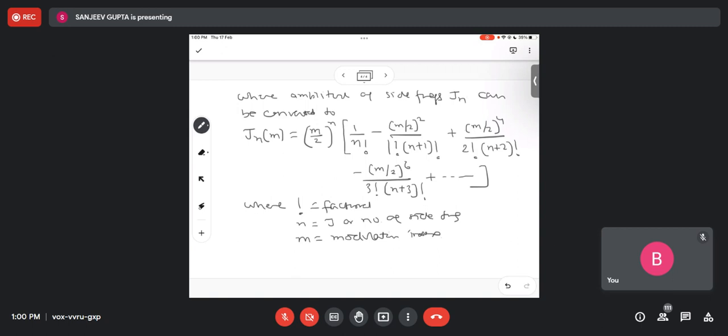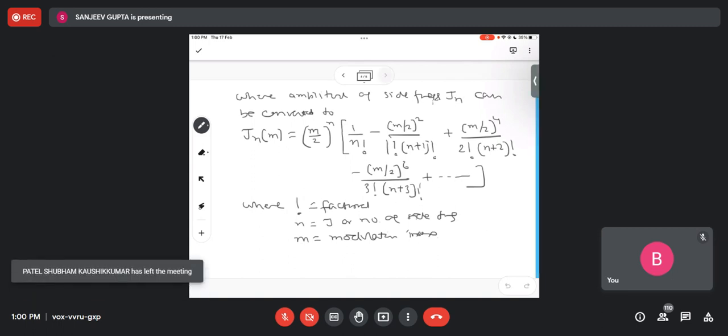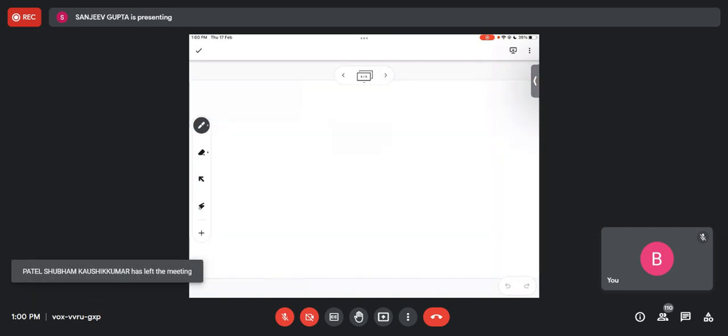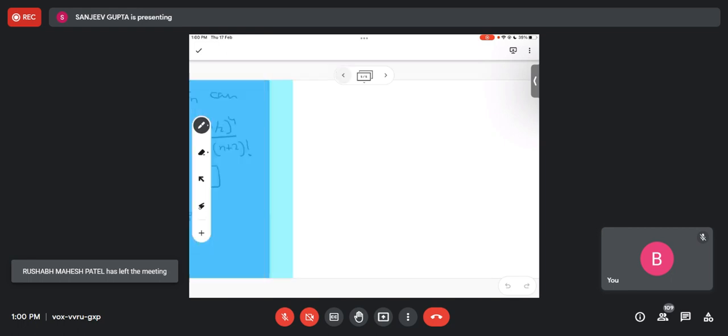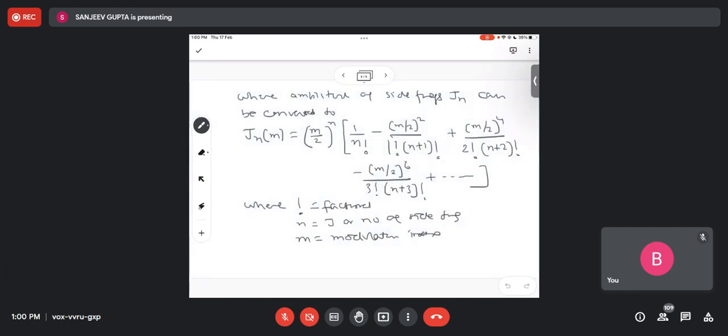Now, we got this. And these values, as I said, could be in the form of a table, or in the form of a graph. In the previous slide, like last time, we had a table.